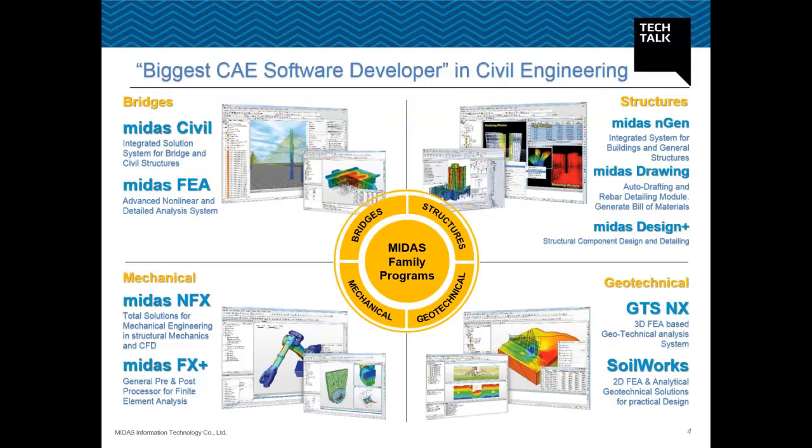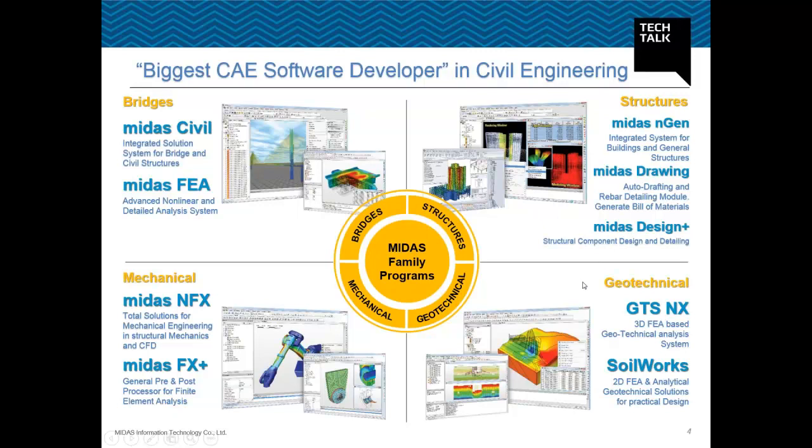There is MIDAS Drawing that is able to provide details like reinforcement details from the design results that we get from MIDAS NGen. And it can also generate the bill of materials. Then there is MIDAS Design Plus, which is a component design software solution. And it can also create drawings and bill of materials. So these are the structural solutions.